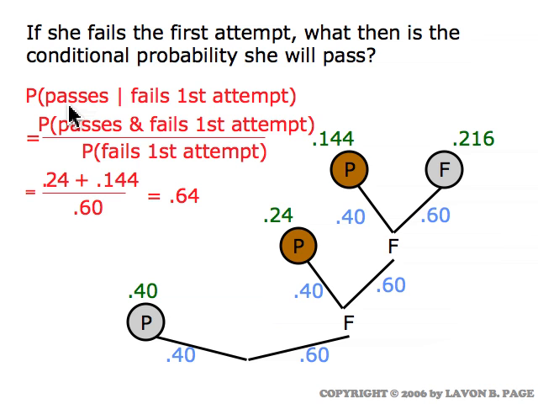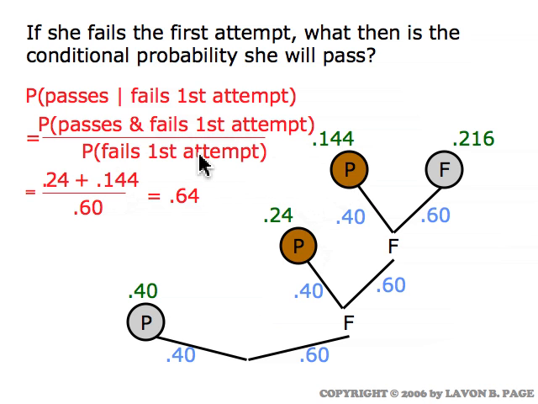The probability that she passes, given that she fails her first attempt, is the probability she passes and fails her first attempt divided by the probability she fails her first attempt. Passing and failing her first attempt would consist of these two cases, so the sum of their probabilities is our numerator.